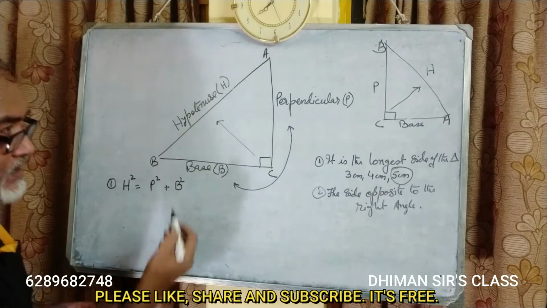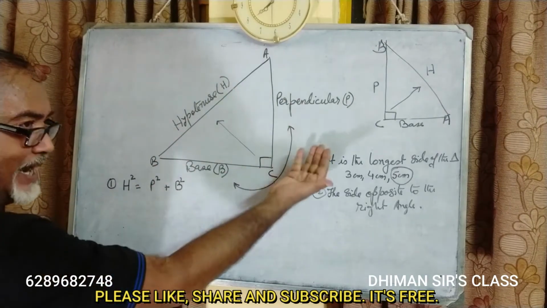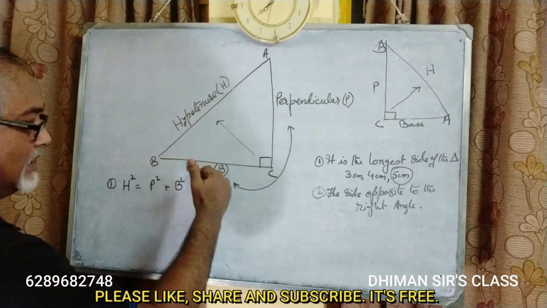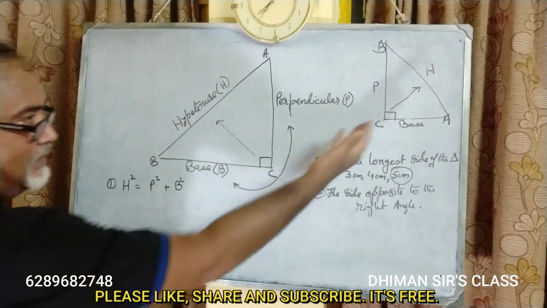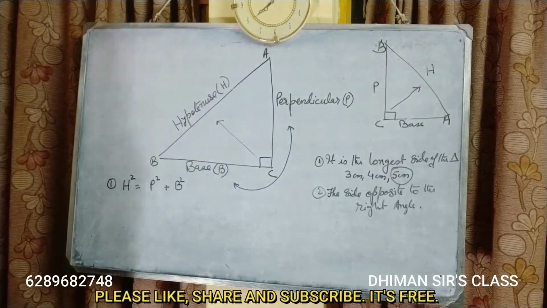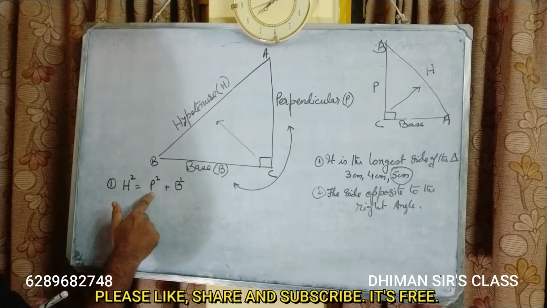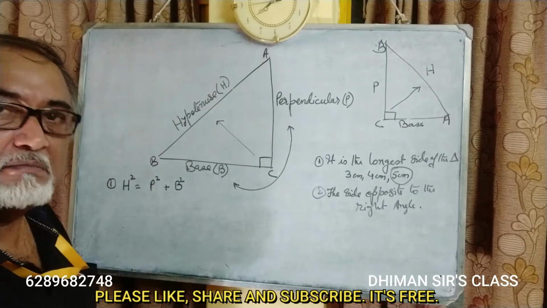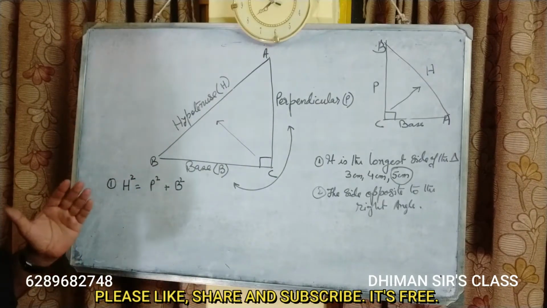What are the other two sides? If the longest side is the hypotenuse, the other two sides are the perpendicular and the base. So, H square is equal to P square plus B square.